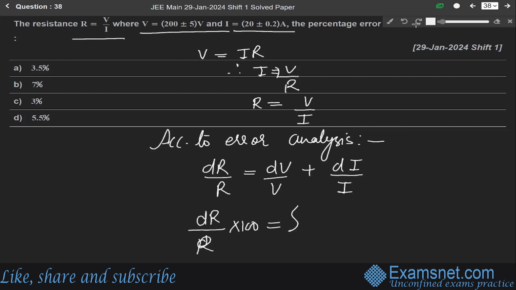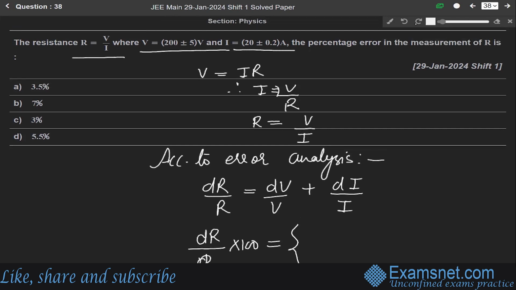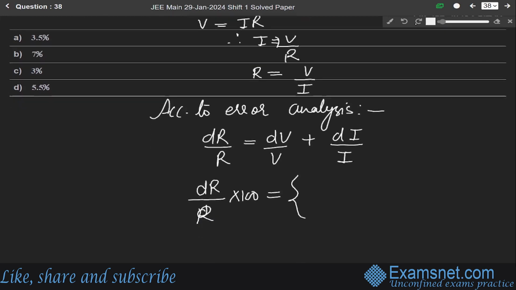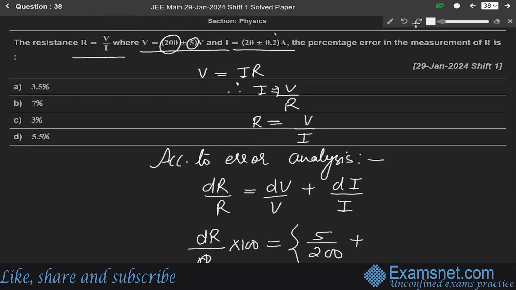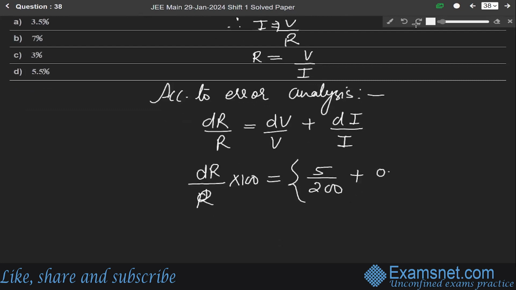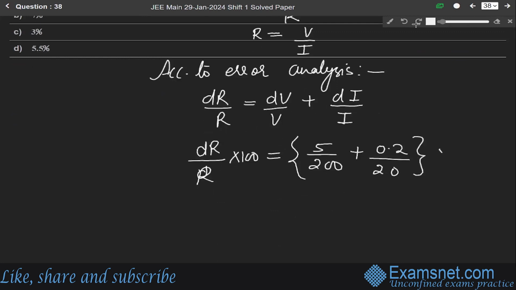It will be equal to del V over V, del V is 5 over V is 200, so 5 over 200 plus del I over I, delta I over I is 0.2 over 20, into 100 because we have to find the percentage error.